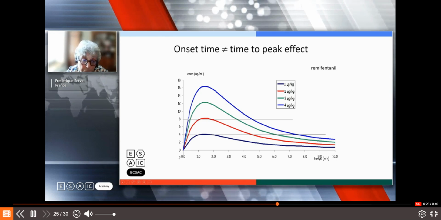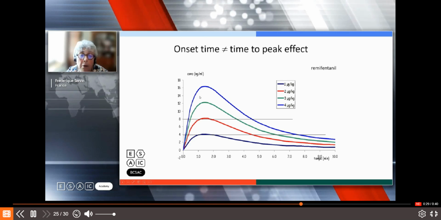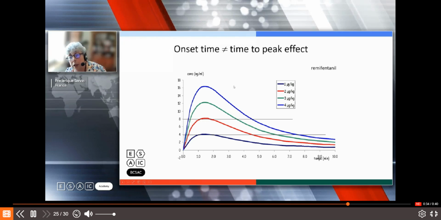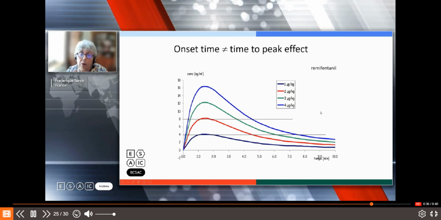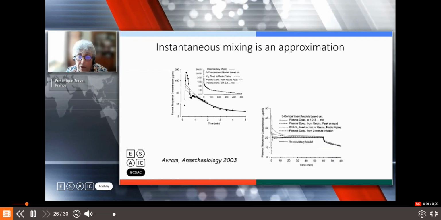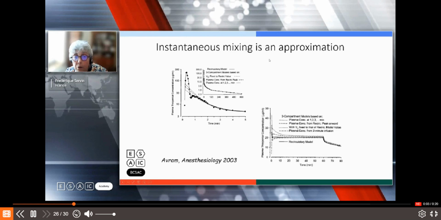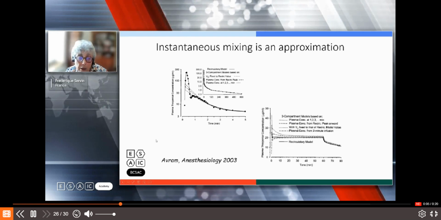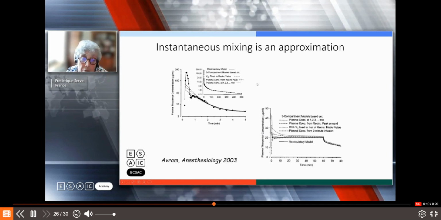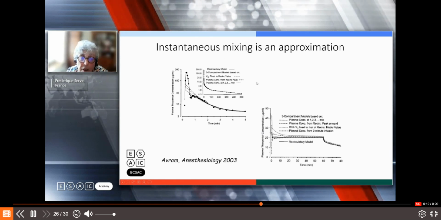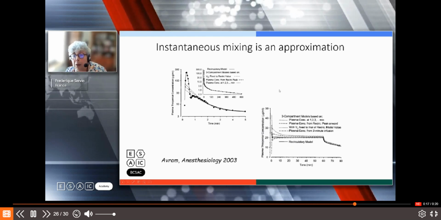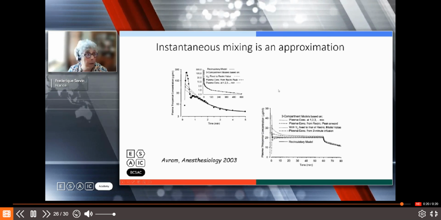But you will pay for this shorter time with a bigger maximum concentration, yielding possibly unwanted effects such as a drop in arterial pressure. Once more, instantaneous mixing is an approximation, and the team from Chicago has studied recirculatory models, what they call front-end kinetics, to better define the first minutes at induction of anesthesia.